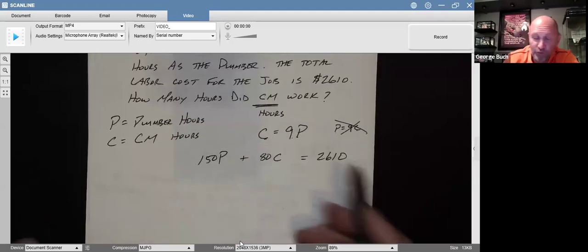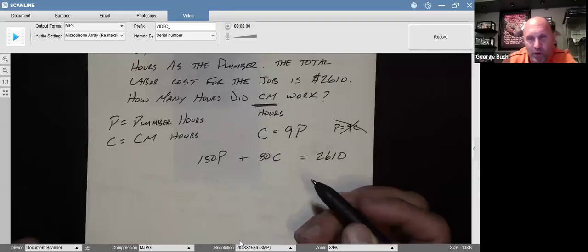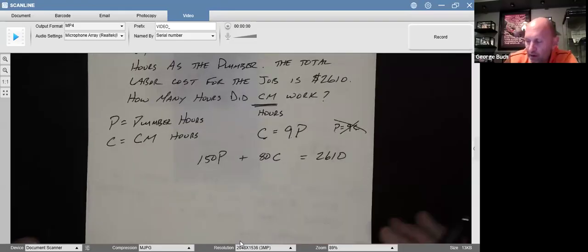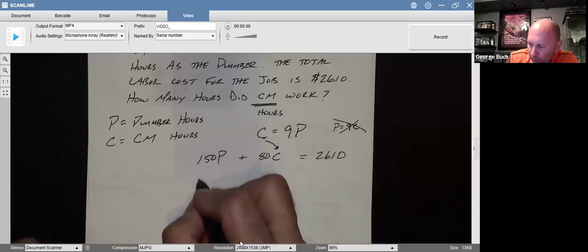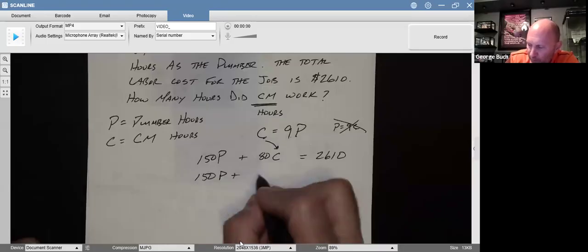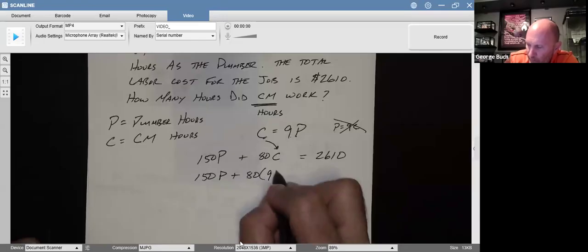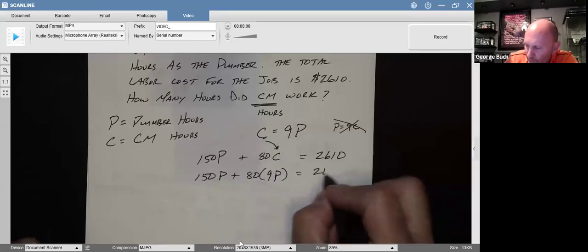And looking at it, this is why we did our systems of equations in the previous lesson, because substitution, right? I can just substitute C is actually 9P. So I have 150P plus 80 times 9P is equal to 2,610.